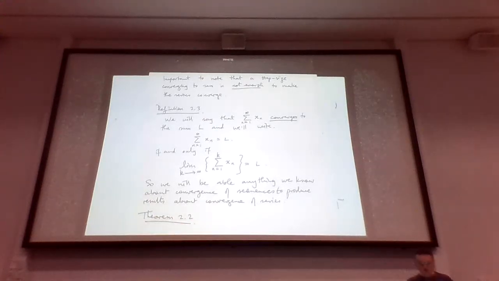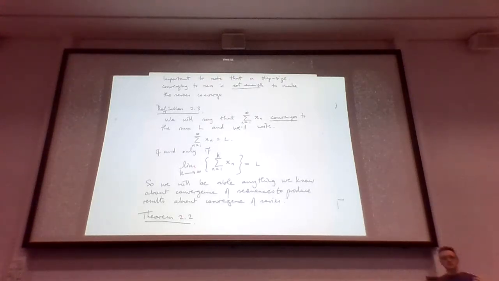Remember, one of the first results we proved about sequences was the Algebra of Limits theorem, which told us, using the operations of addition and multiplication, there are a number of obvious ways that if we have two sequences, we can produce a new sequence, either by adding the terms together, or by multiplying together corresponding terms of the sequences, or by dividing the terms of one sequence by the terms of another.